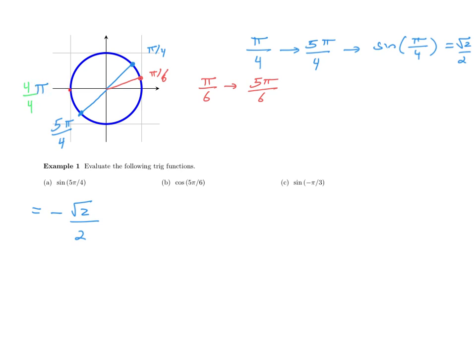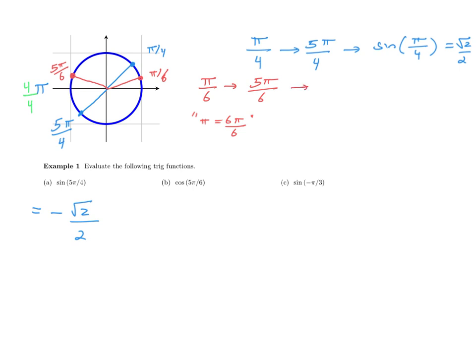So to get to 5, you're going to go backwards by pi over 6. So here is the location of 5 pi over 6. Essentially, I thought of pi as 6 pi over 6 and went backwards 1 pi over 6.